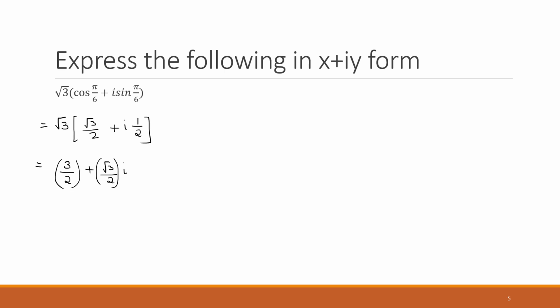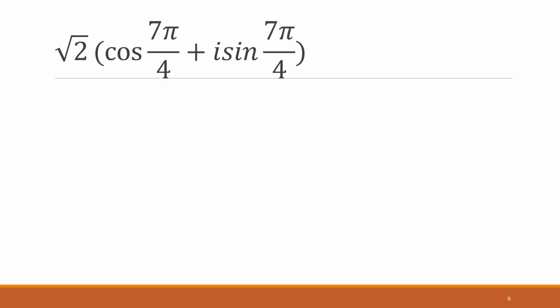ठीक है. नेक्स्ट, नाउ सी रूट 2 एज इट इज आएगा. Now you know how to solve cos 7 pi by 4. Cos pi by 4 तो 1 by root 2 आता है. This will lie in which quadrant? Fourth quadrant. फोर्थ में cos पॉजिटिव होता है, sin नेगेटिव होता है. ठीक है.